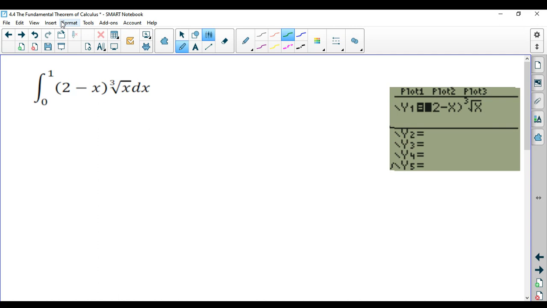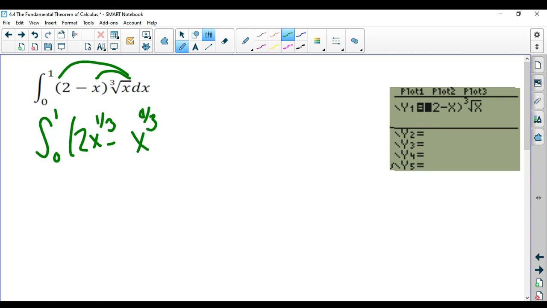So you're going to take this x to the 1/3 because it's the cube root of x and distribute first. So this will be 2x to the 1/3 minus x to the 1 times x to the 1/3, and 1 plus 1/3 is 4/3. That's a 4.